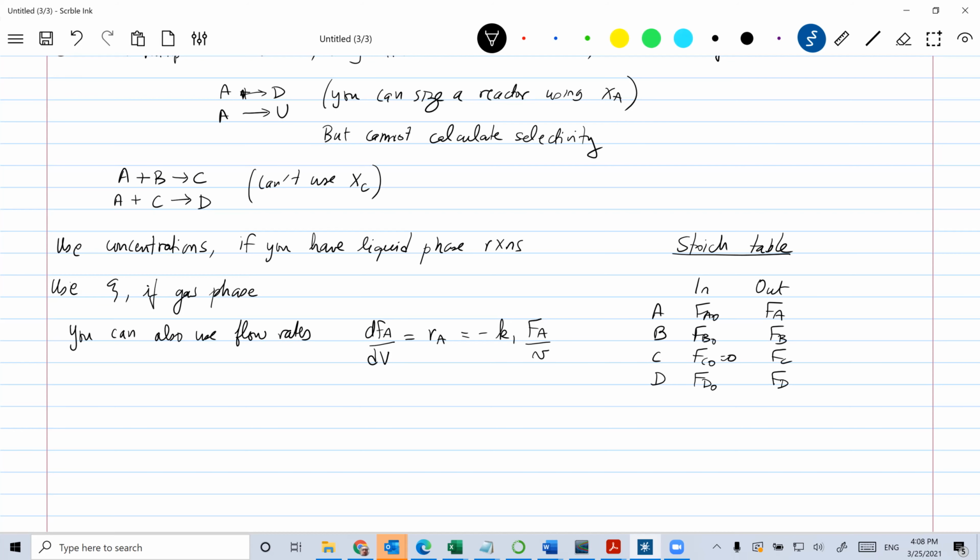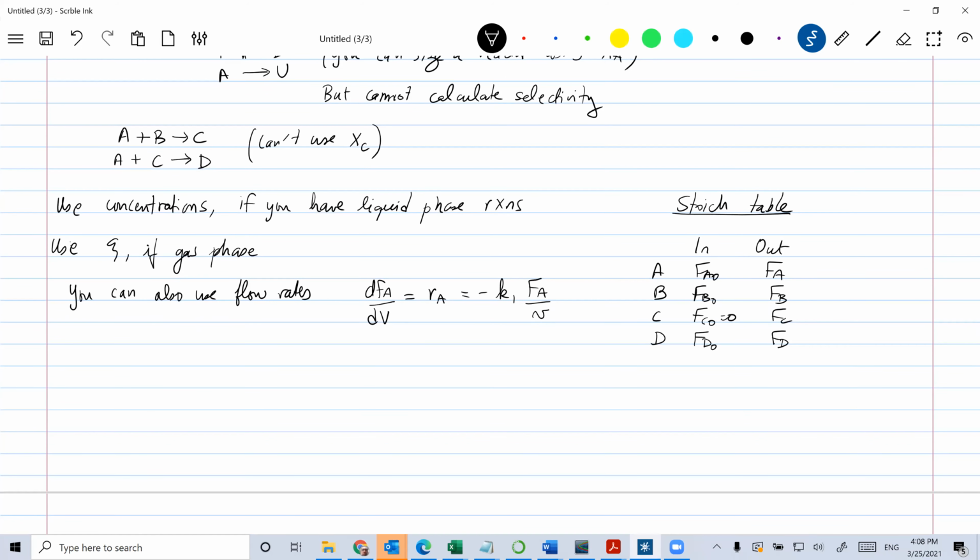But if you do it directly in terms of flow rates, you have to write a differential equation for each component, because each of them becomes an unknown. You can do that as well. The same way you put the concentrations in, you can plug these in Python the same way.